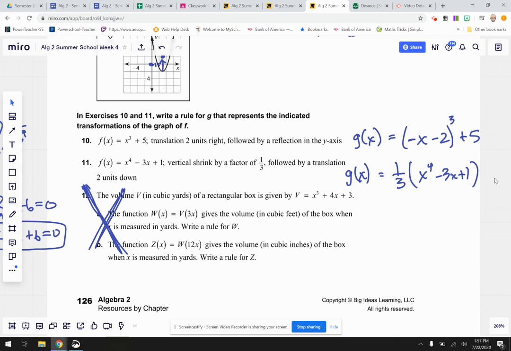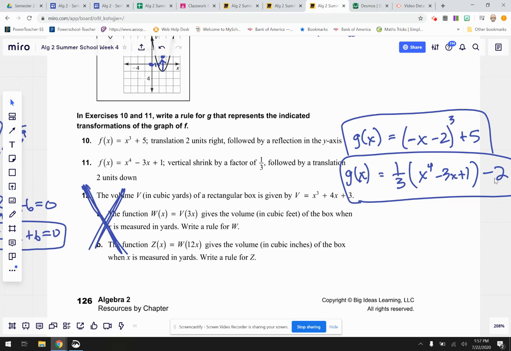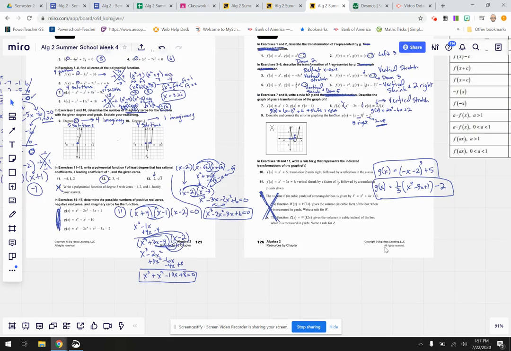And then they also want you to do a translation 2 down, so you need to do a minus 2. Now you could technically distribute all that and combine like terms, but that is enough for a rule right there. So both of those would be the rules. And that's it for 4.7.